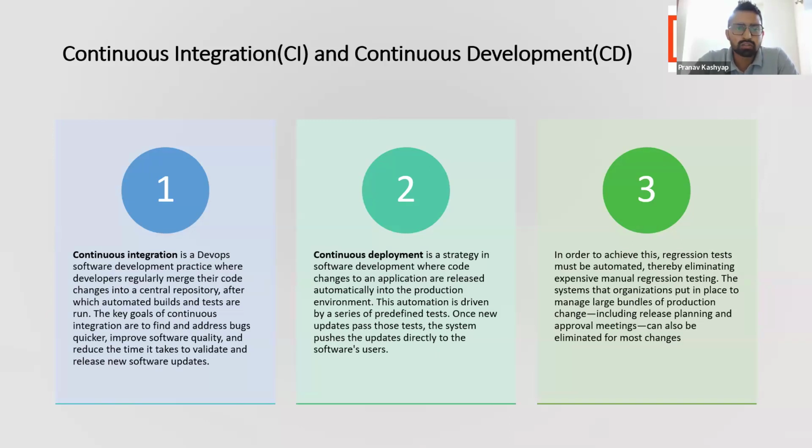The key goals of continuous integration are to find and address bugs quicker, improve software quality, and reduce the time it takes to validate and release new software updates. So this is the most important thing, that this is where CI comes into the picture, because it gives the collaborative approach where whatever you have uploaded in GitHub, for example, now you don't need a manual person.